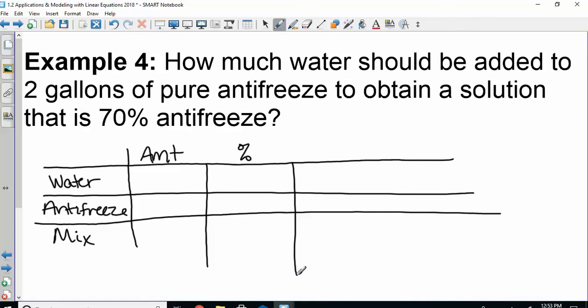So let's take a little second. If I am making lemonade for my kid's birthday party, and I need 5 gallons of punch, and I want it to be 50% pure lemon juice. So for my lemonade, I want 50% lemon juice. If I need 5 gallons total, how much lemon juice am I going to put in there? 2.5 gallons. 50% is half of it, right?